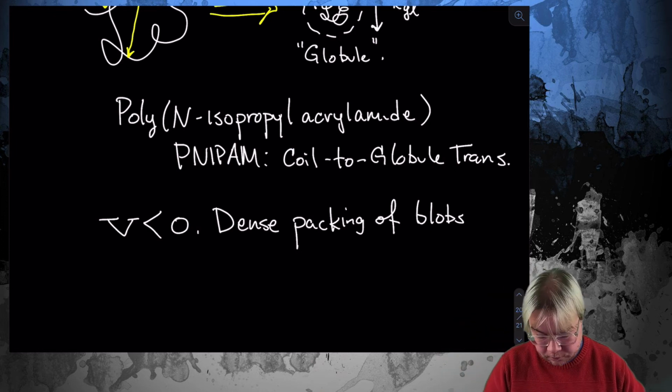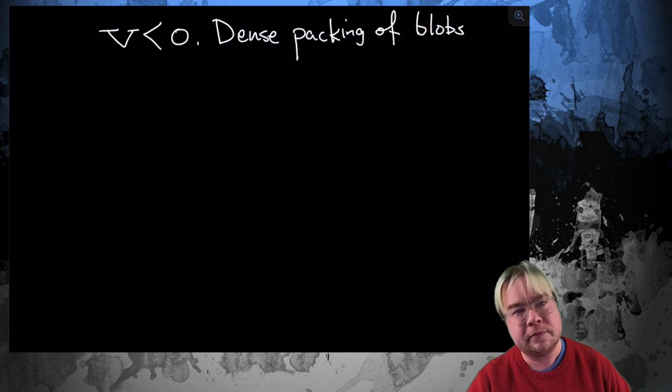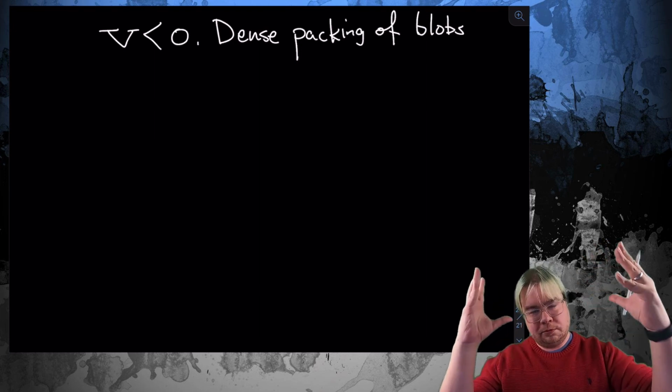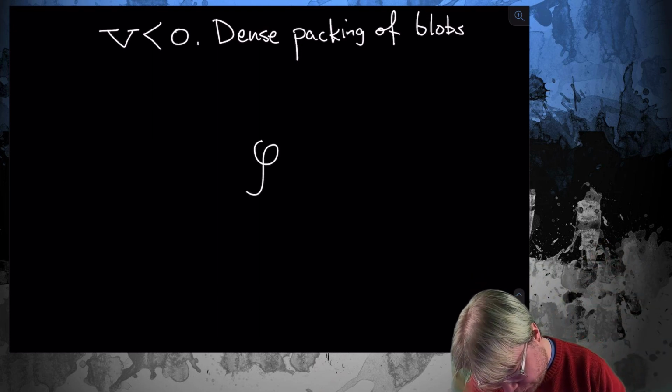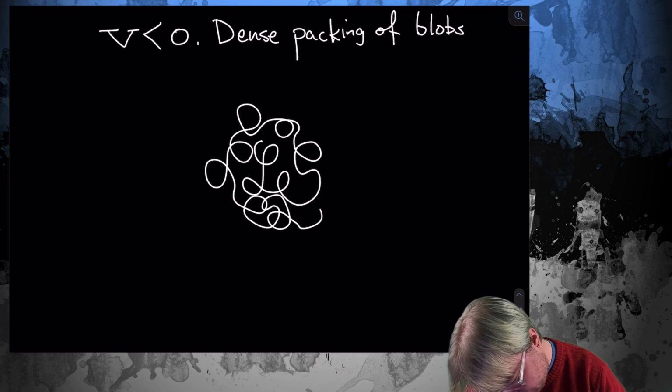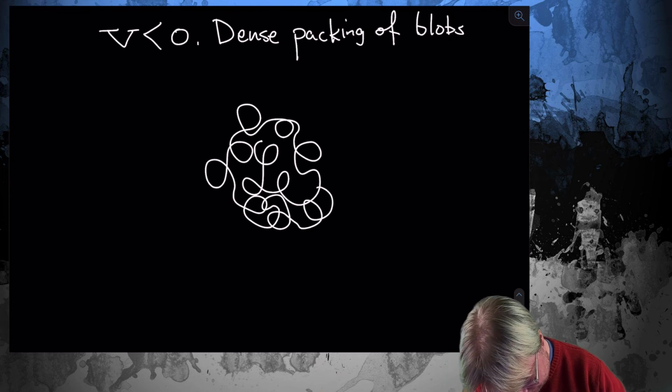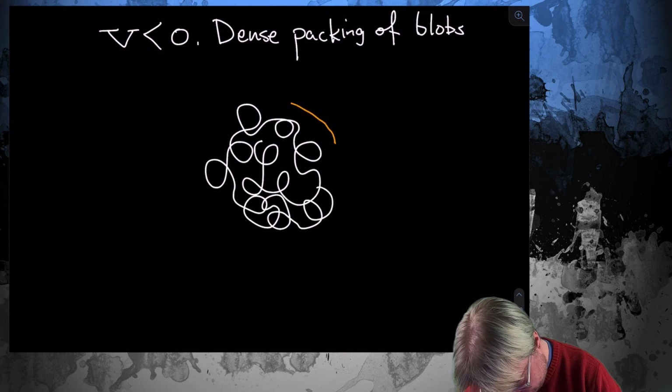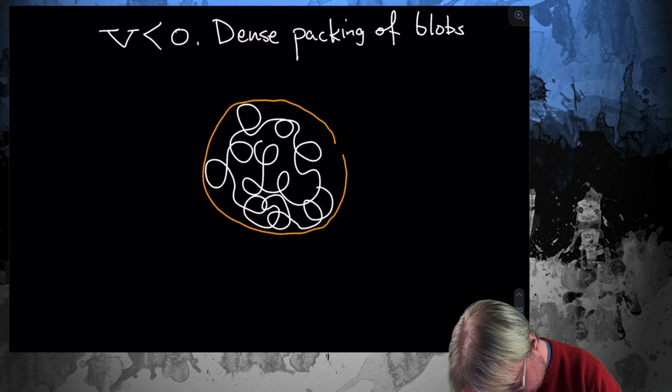of the blobs. So if I magnify my globule, I don't want to make it too big. All right, here's my globule. Let's put a circle around it so that I know this is my globule size. There we go.